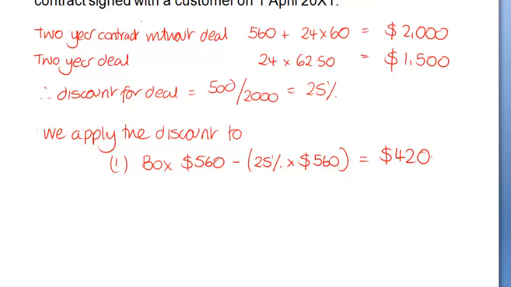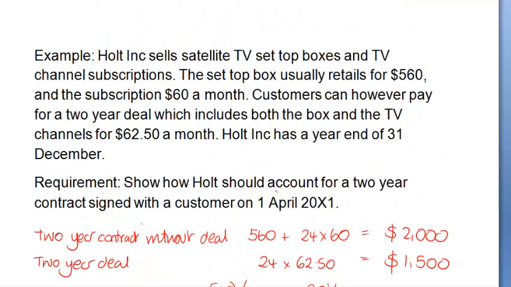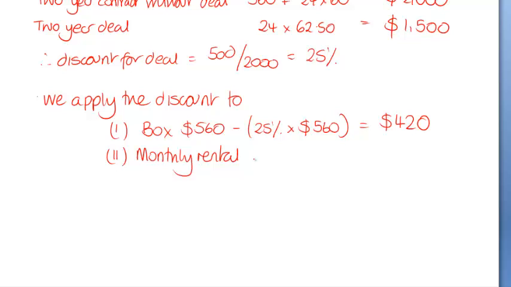So the box is $420, and then we've got the monthly rental, and we would normally pay $60 a month less 25% of 60.